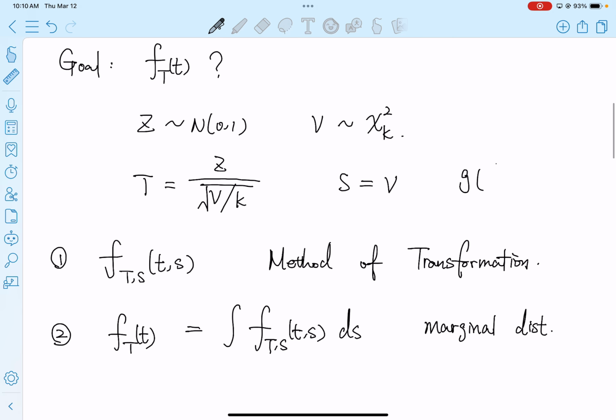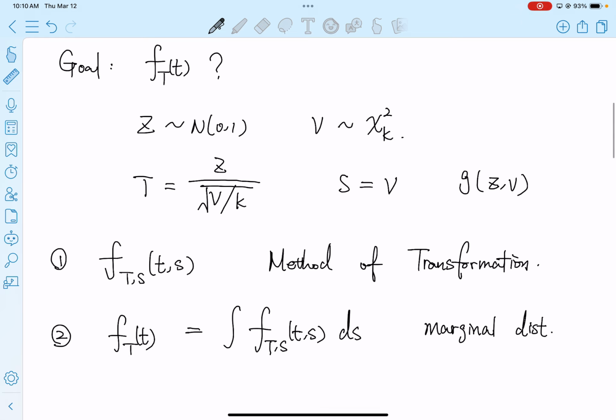These are functions G that take inputs Z and V. Any other question or comments?